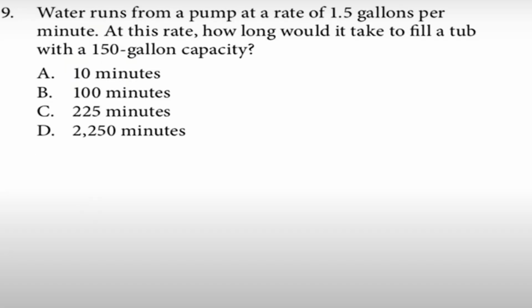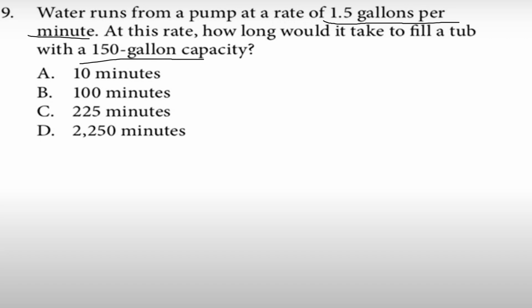All right, in question number 9, it says water runs from a pump at a rate of 1.5 gallons per minute. At this rate, how long will it take to fill a tub with a 150-gallon capacity? So we read through the word problem once. Now we're going to go in and start writing notes down, figuring things out. So we know that the water runs from a pump at a rate of 1.5 gallons per minute. The tub that we're going to be filling up is a 150-gallon capacity.